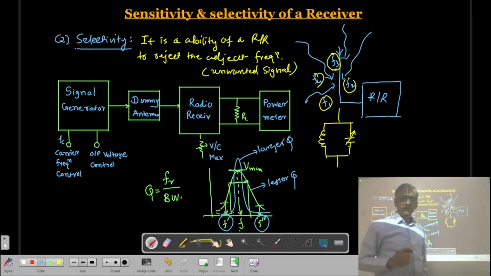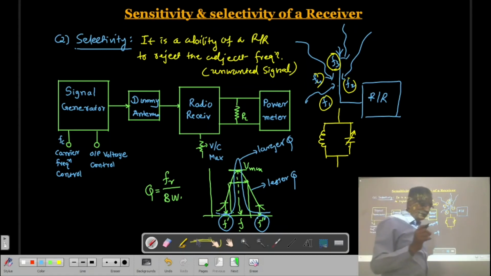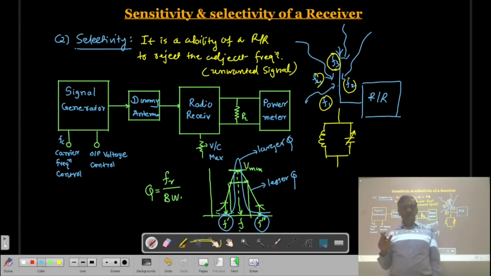So that is called the selectivity of the radio receiver. The selectivity basically depends on the quality factor of a tuned circuit. The tuned circuit is at the input, and there are tuned circuits in the IF amplifier.